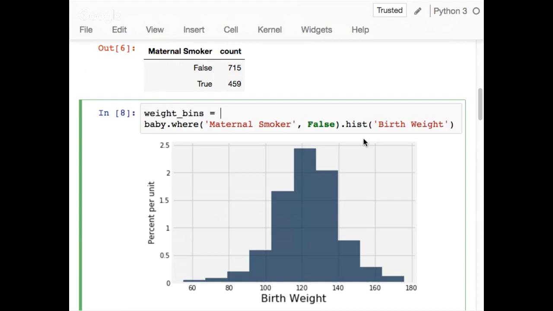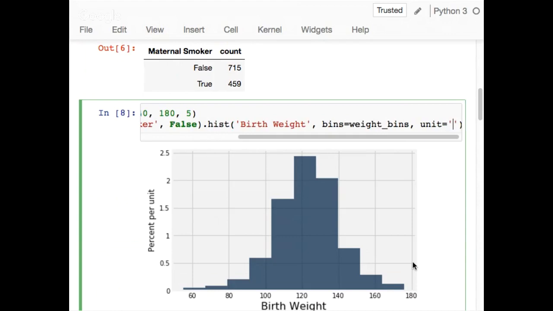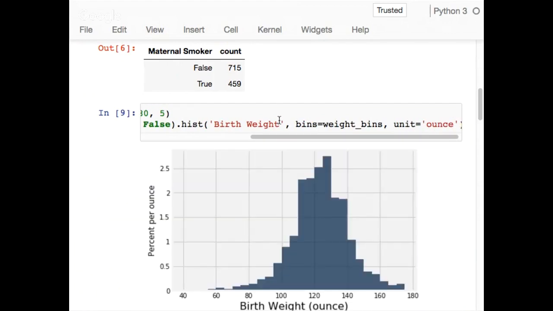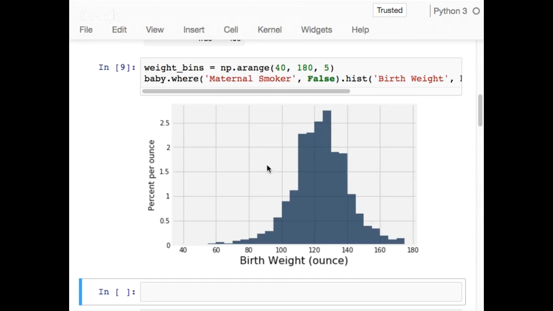Call that weight bins. We could go from 40 to 180 with increments of 5. Bins equals weight bins, and my unit is ounce. Here we go.